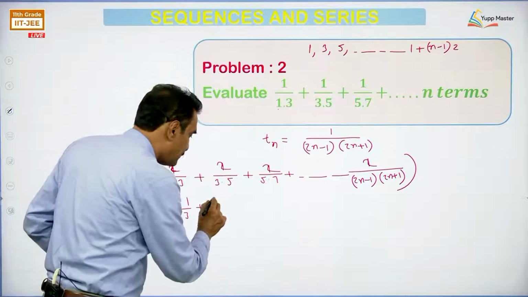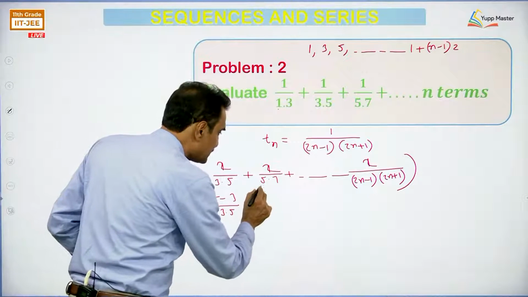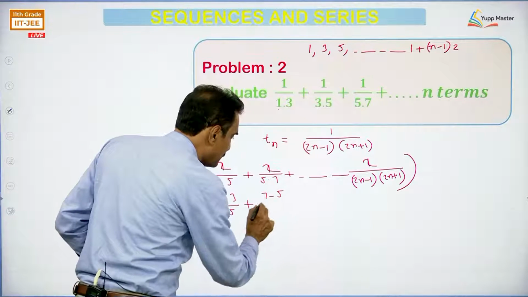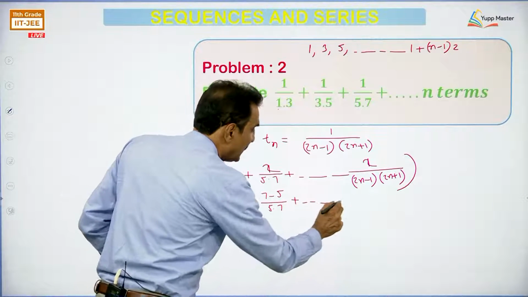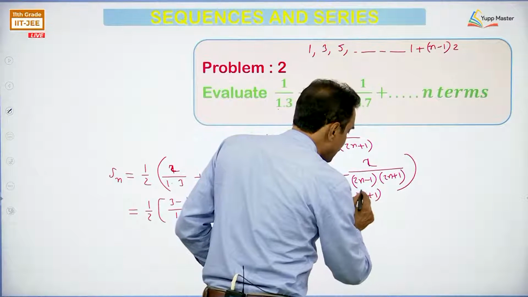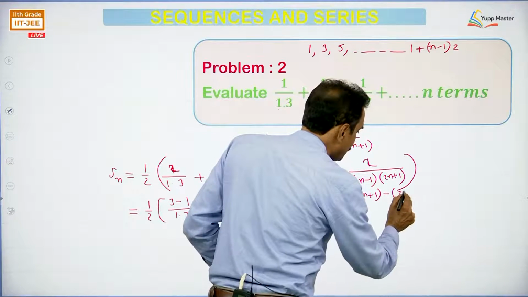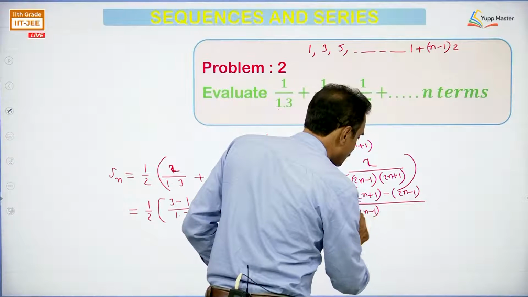This 2 is 5 minus 3 by 3 into 5. Next 7 minus 5 by 5 into 7 and so on. Here 2n plus 1 minus 2n minus 1 by 2n minus 1 into 2n plus 1.